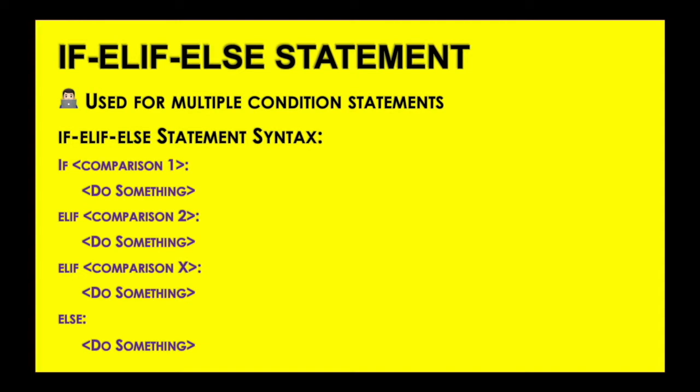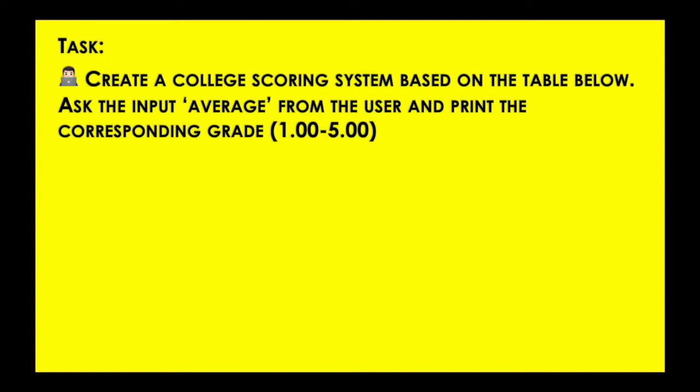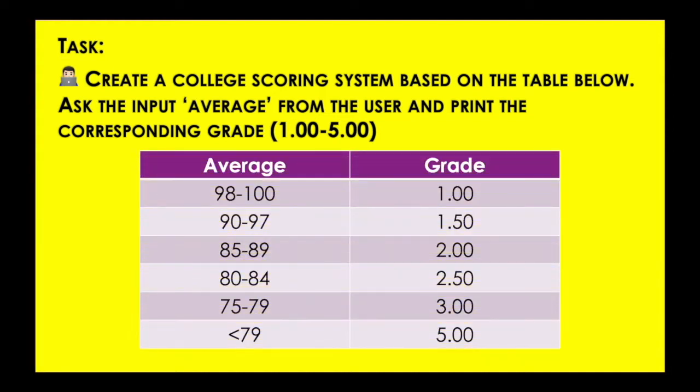For further explanation, for you to be able to grasp this statement, let's have our task. We should now create a college scoring system. I hope you're familiar with the grading system in college, based on the table below. So the average and the grade.